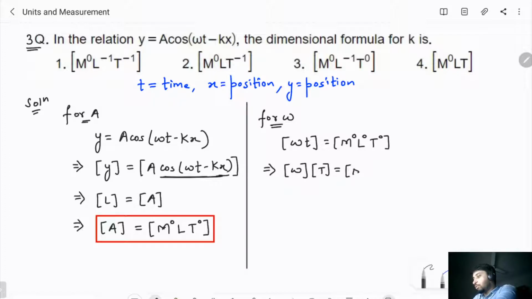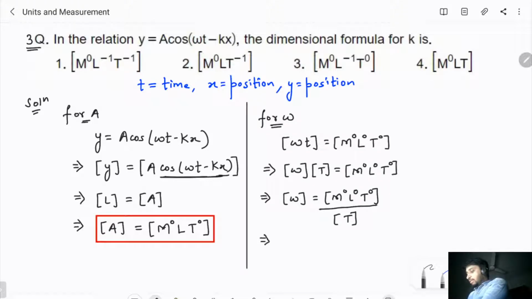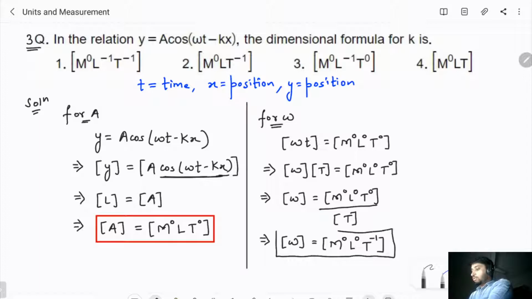So we can write the dimensional formula for omega as M to the power 0, L to the power 0, T to the power 0 divided by T. In the standard form, finally we get the dimensional formula for omega as M to the power 0, L to the power 0, T to the power minus 1.